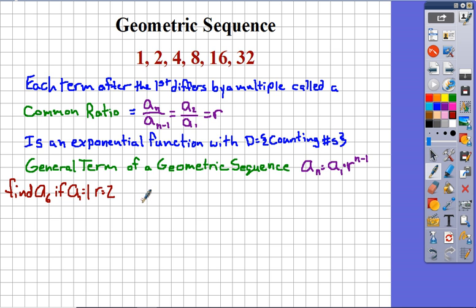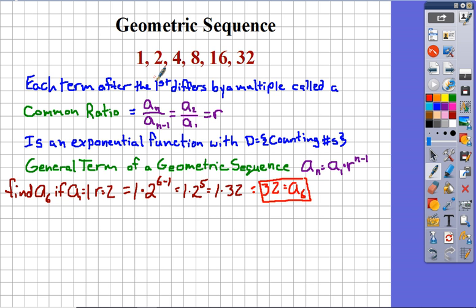The a sub 6 is going to equal the first term, which is 1, times the common ratio r, which is 2, and we're going for the sixth term, so we use the 6 minus 1 power. Remember the order of operations. We have 1 times 2 to the 5th power. 2 to the 5th power is 32, and 1 times 32 gives a final answer of 32. And that is the sixth term.